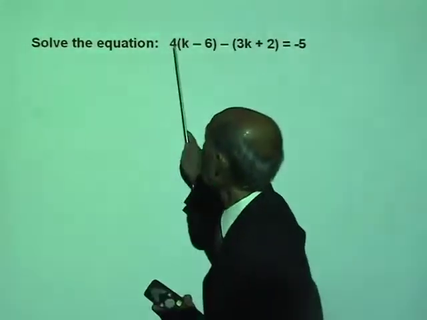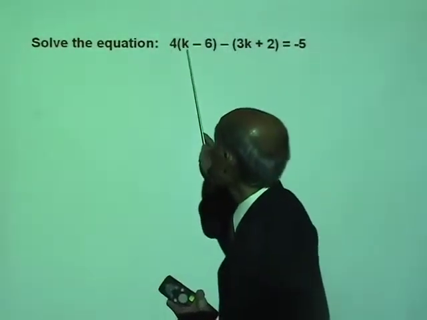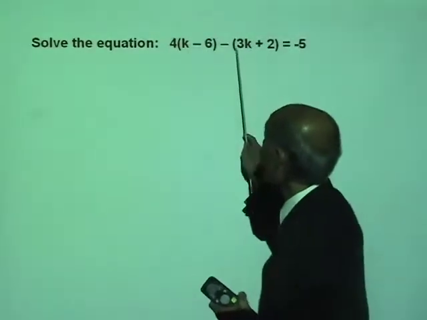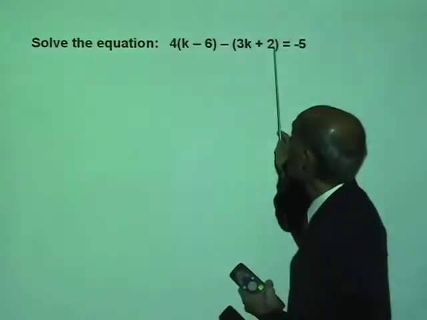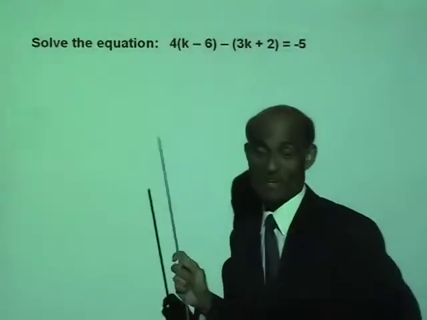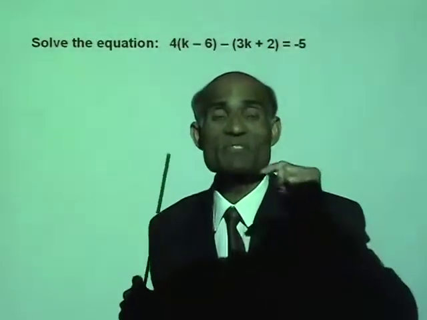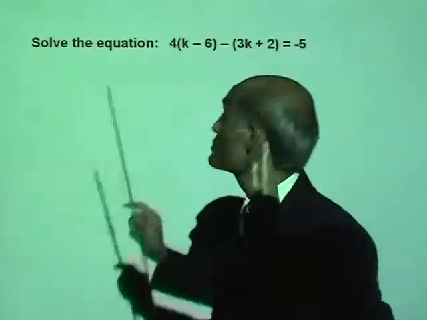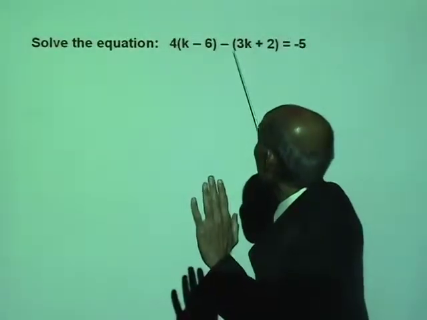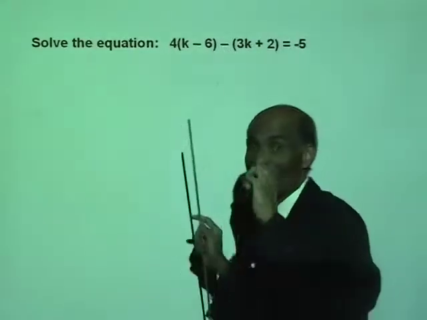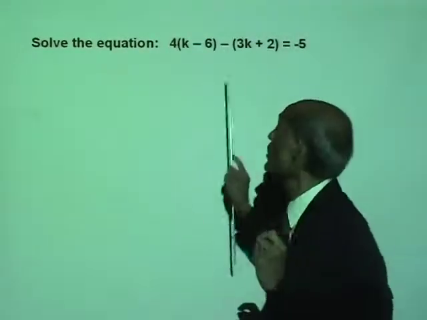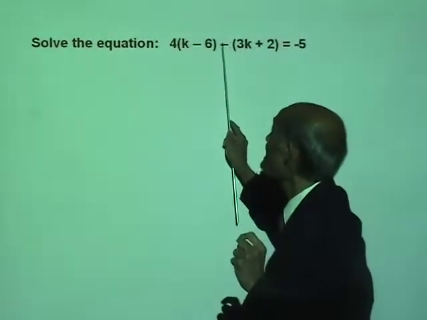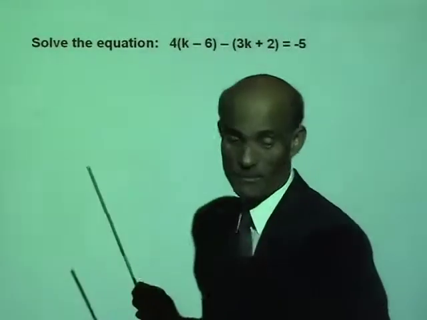That means this 4 needs to be distributed here, and this negative sign needs to be distributed in the second parenthesis. Now remember, if a negative sign appears outside a parenthesis, you must understand that that negative sign is a negative 1. So we need to distribute a negative 1 there.